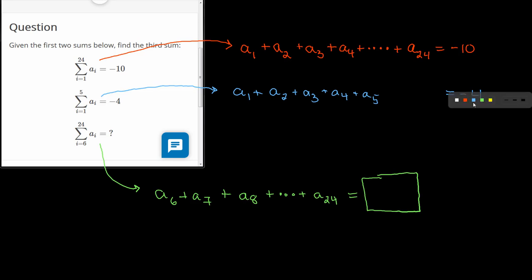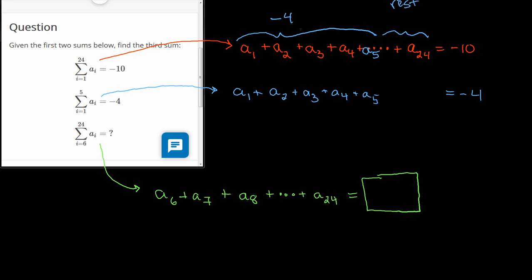Thanks to the second equation, I know that if I add up, so maybe I'll squeeze in an A5 here, the first 5, I get negative 4. And then what I've got here is the rest.